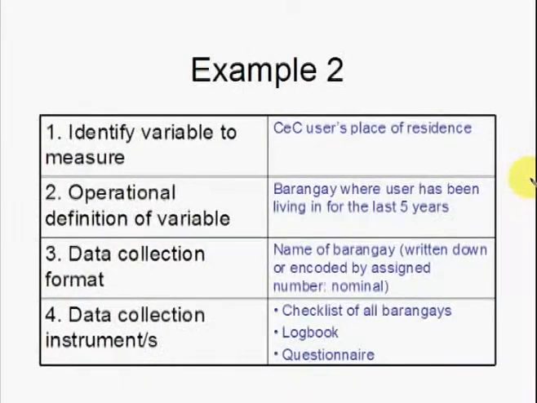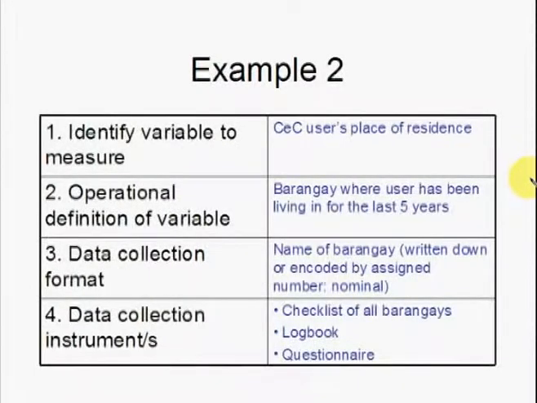The format of collecting this data is, you get the name of the barangay where the user lives. Either you write down the name of the barangay itself, like let's say Barangay Santa Cruz, or what some do, if a municipality has really a lot of barangays, let's say more than 20, some of them will start encoding or using a numbering system to represent every barangay.